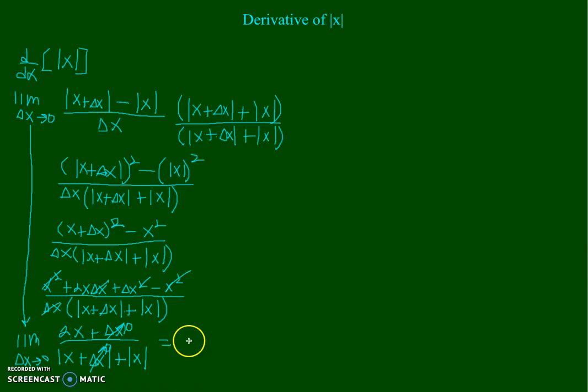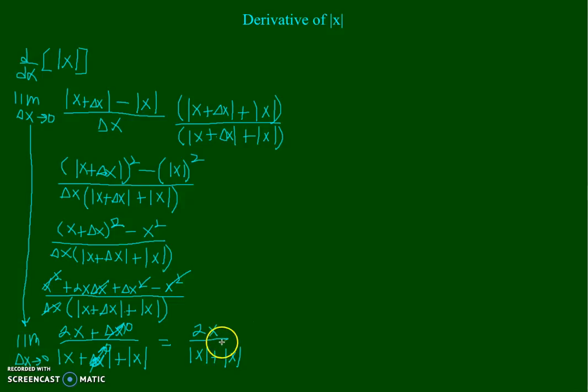So we're left with 2x over the absolute value of x plus the absolute value of x. Again, when we took the limit, we had this delta x going to 0. And so we have the absolute value of x plus the absolute value of x left.